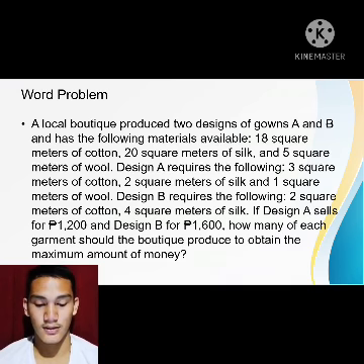Design B requires 2 square meters of cotton and 4 square meters of silk. If design A sells for 1,200 and design B for 1,600, how many of each garment should the boutique produce to obtain the maximum amount of money?